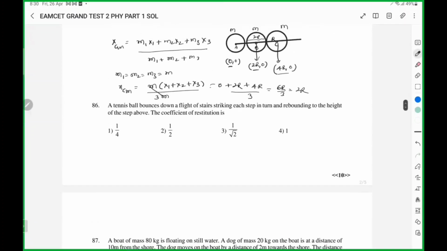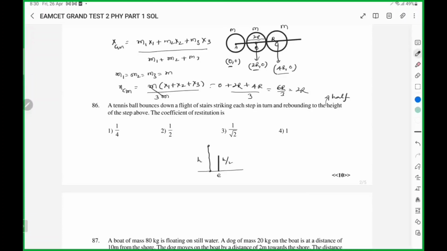Here, a tennis ball bounces down a flight of stairs, striking each step in turn and rebounding to half of the height. Here the coefficient of restitution is missing. When it falls from a height h, after that it rebounds to a height h by 2. Here it has a coefficient of restitution.